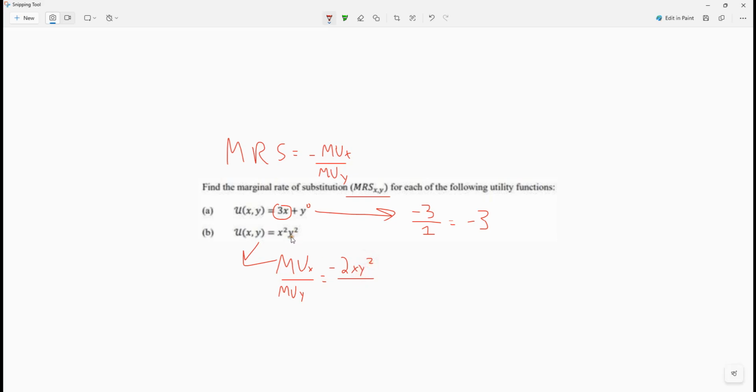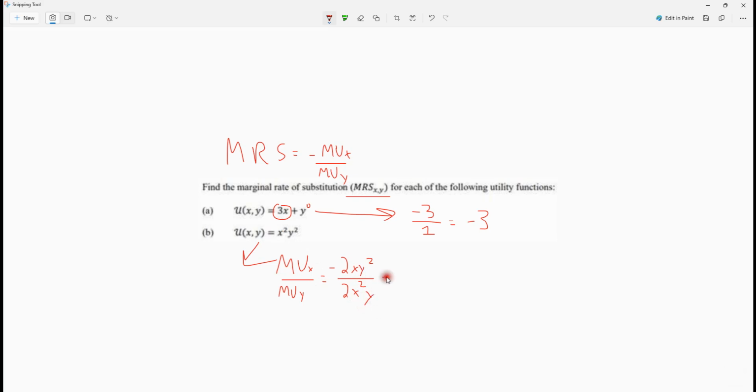We have to leave that on there because it's not adding to it, it's part of that piece of the function. Next, we're going to do marginal utility with respect to y. So this would be 2 multiplied by the 1. So that would be x squared and then y.